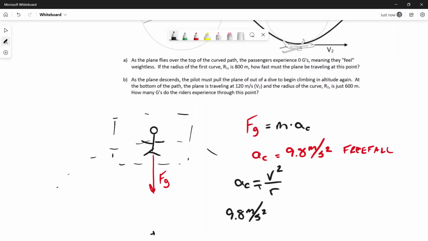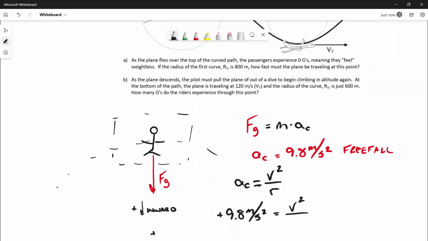However, if the center of the circle is in here, then we know that this is the positive direction. It is an inward acceleration, and inward is positive, right? So again, when we're working in circles, we look at in and out. This force is acting towards the center of the circle, so we would say it is a centripetal force, right? And we know the radius. What we don't know is the velocity.